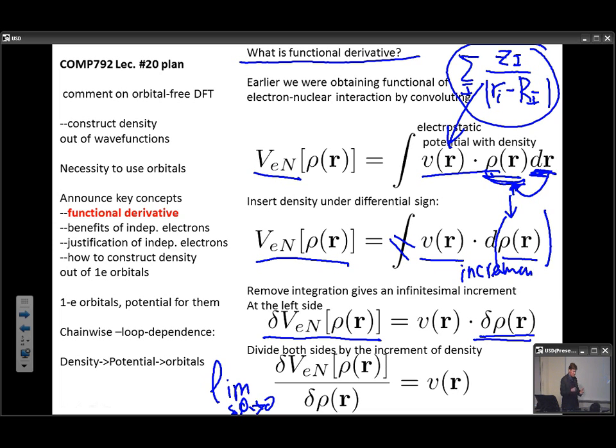So the ratio of increments of total energy with respect to the increment of density can be referred to as the functional derivative, by analogy to usual differentiation. And what we get out of this operation typically serves as a potential, with respect to physics, chemistry, electrons, and ions.